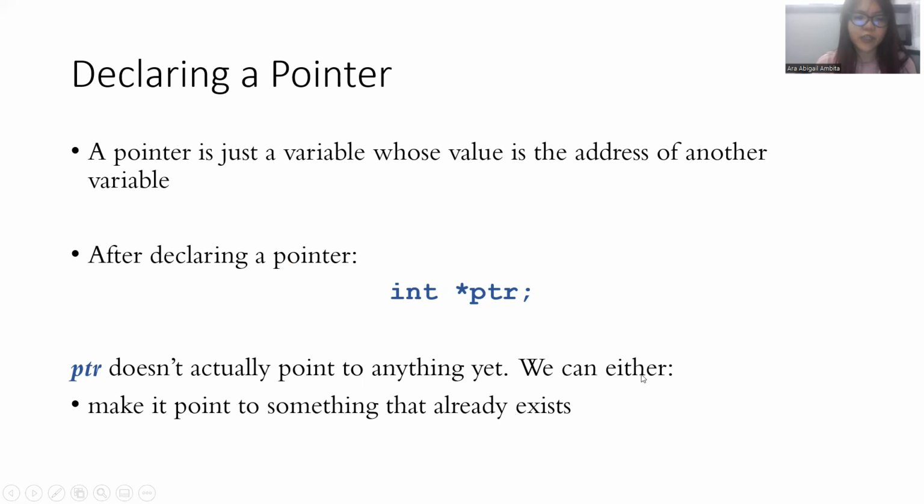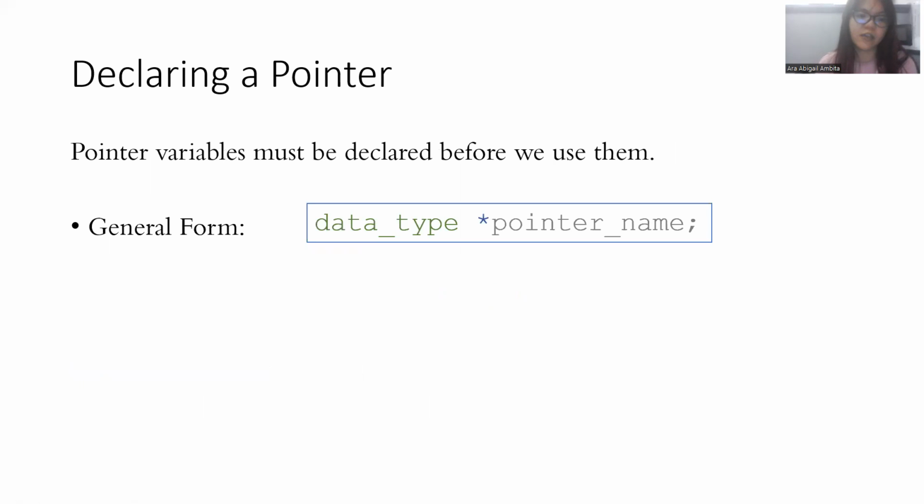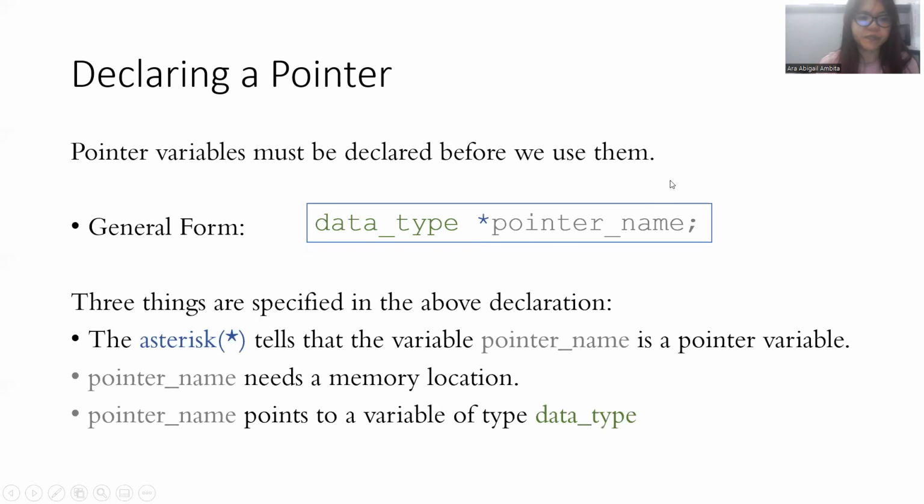What we can do is make it point to something that already exists, a variable that already exists. This is the general syntax of a pointer declaration. You specify the data type of the variable that it points to, and then the pointer operator followed by the pointer name.